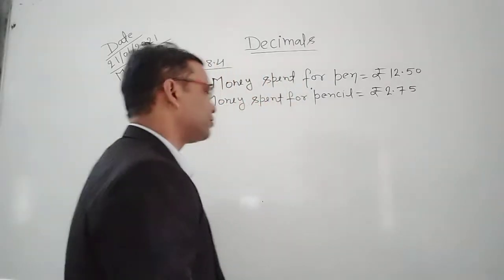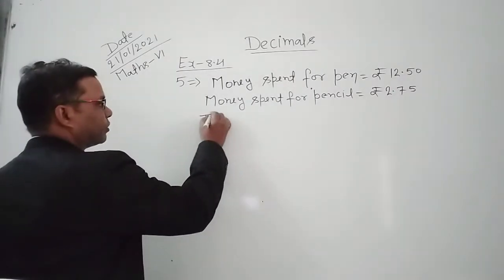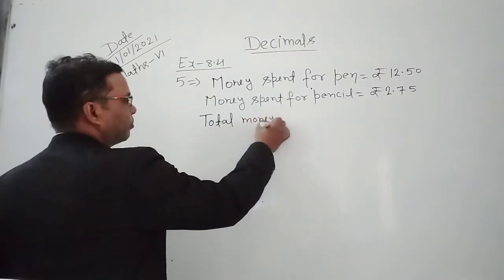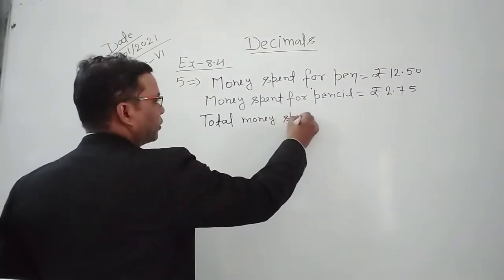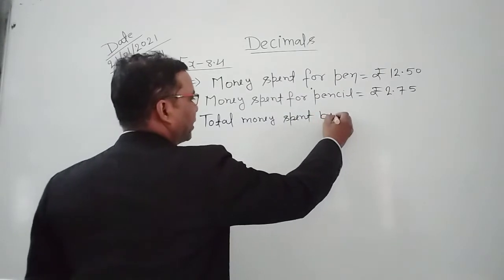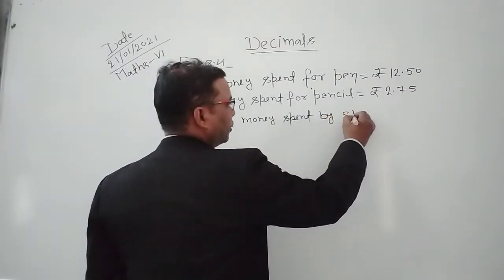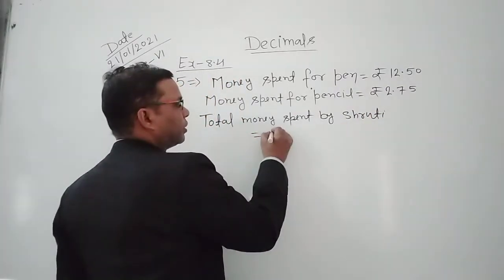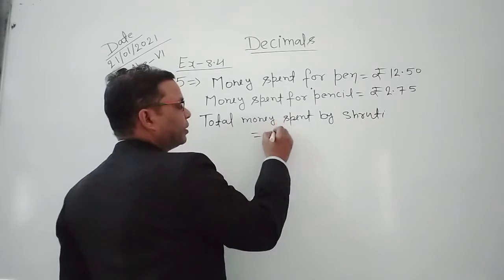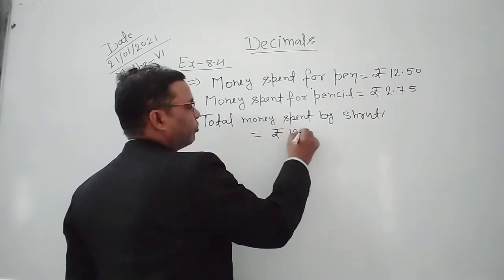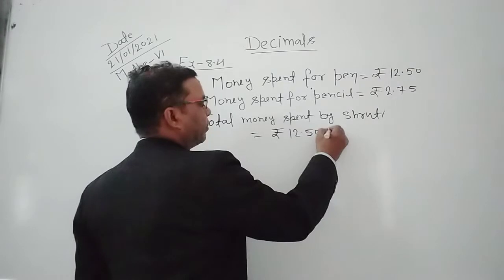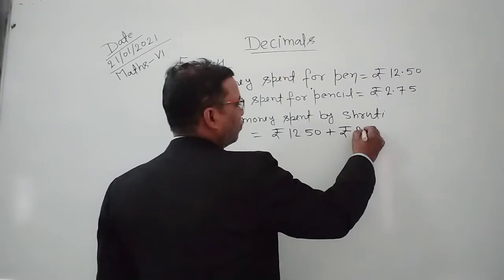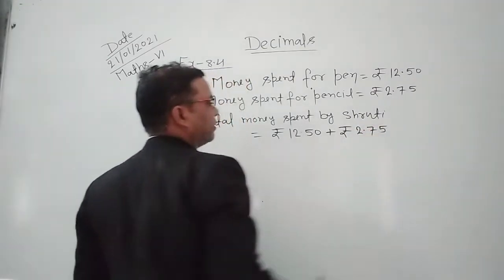So you write total money spent by Shruti is equal to money spent for pen, rupees 12.50, plus money spent for one pencil, which is equal to rupees 2.75.